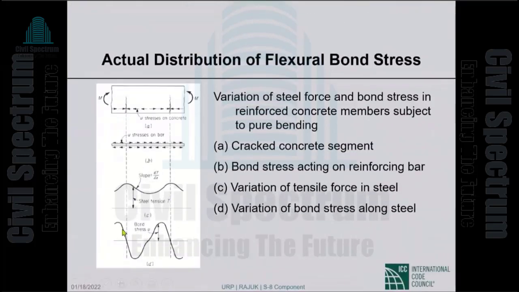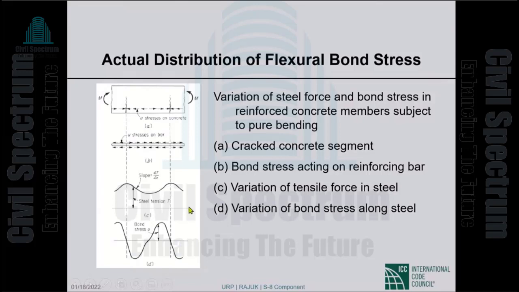As the tension varies, the bond stress varies, and so where the rate of change of tension is the highest, the bond stress is the highest. Typically, we have the highest bond stresses close to the tension cracks. So here it is high, here it is high, here it is high.